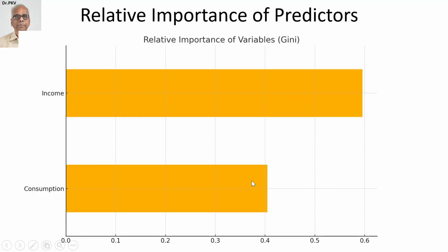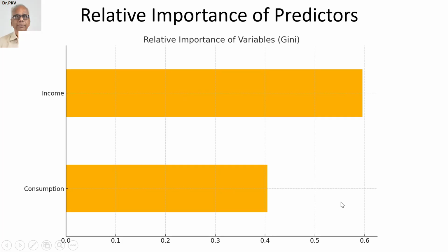This is 0.4. So income is 60% important. Consumption is 40% important. So on a scale of 100, income is 60, consumption is 40. So constant sum scale, out of 100, 60 points for income, 40 points for consumption.